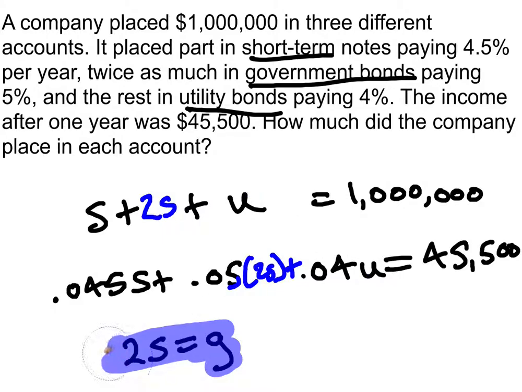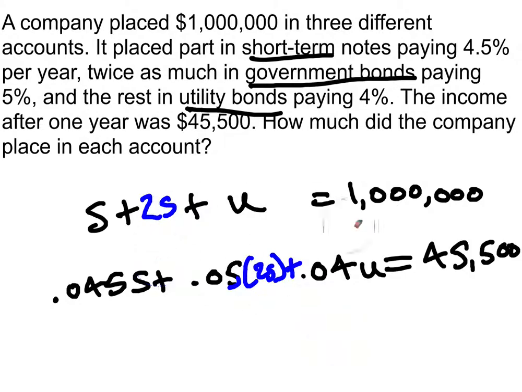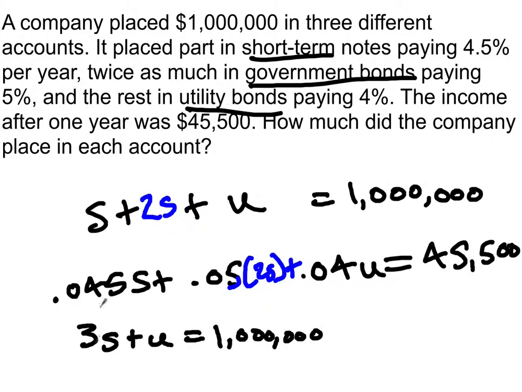Now I'm going to erase this to give me some more space, and I'm going to simplify these 2 equations. So I'll go back to black. S plus 2s is 3s, so 3s plus u is equal to 1 million. It's a lot of zeros. Then 0.045s plus 0.05 times 2s. 0.05 times 2 is 0.1.